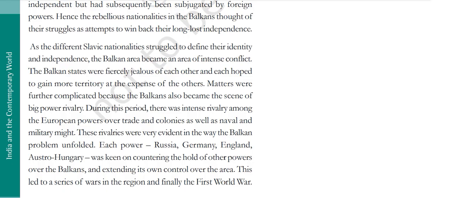These rivalries were very evident in the way the Balkan problem unfolded. Each power, Russia, Germany, England, Austro-Hungary, was keen on countering the hold of other powers over the Balkans and extending its own control over the area. This led to a series of wars in the region and finally the First World War.